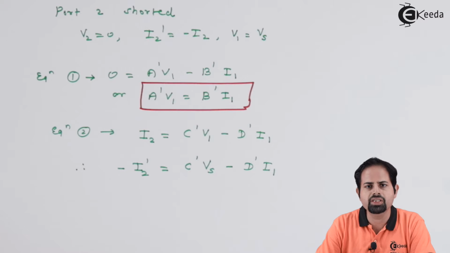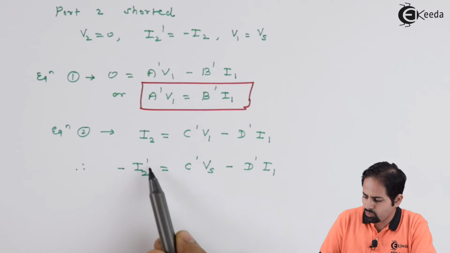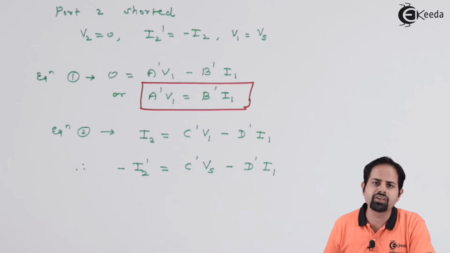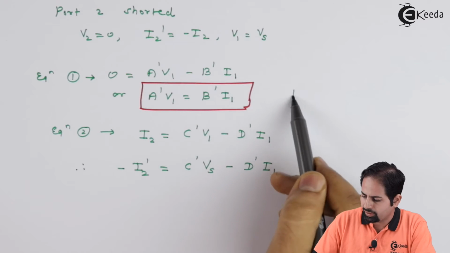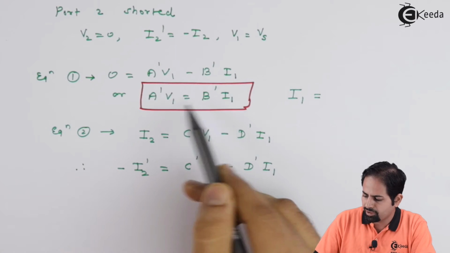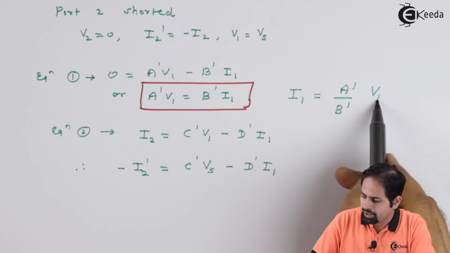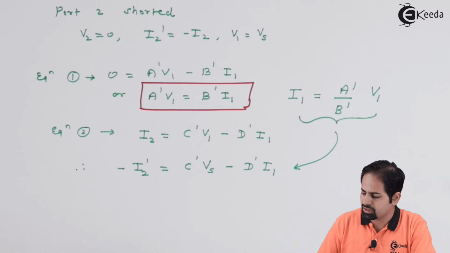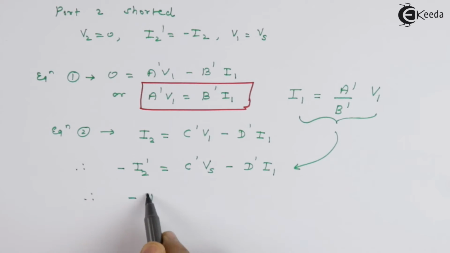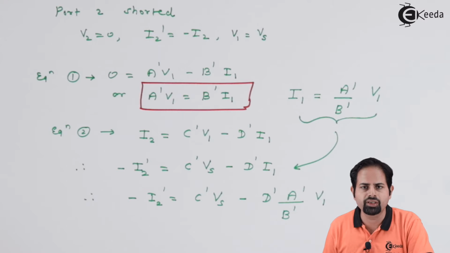Now the ratio that we want is Vs upon I2 dash. In this equation we have Vs, we have I2 dash, but there is I1 and that I1 is what we don't want. So from this equation we can substitute for I1. I1 will be A dash divided by B dash into V1, and this value of I1 can be substituted here. And we can solve it further.